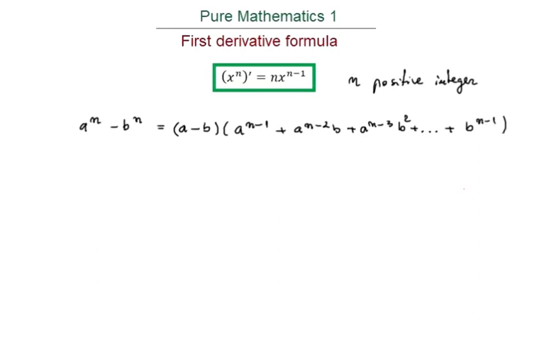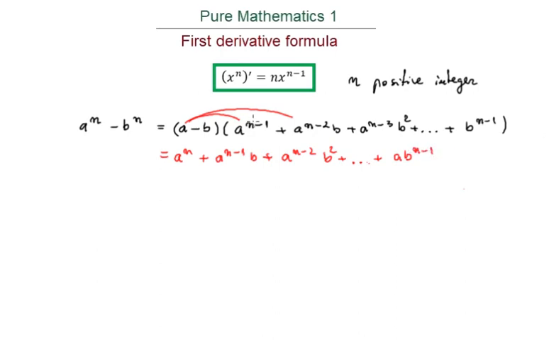Now, this formula is very easy to prove because we just expand the brackets. If we expand the brackets, we start by multiplying a with all the terms in the second bracket. We get a to the power of n plus a to the power of n minus 1 b, plus a to the power of n minus 2 b squared, plus the last product we have is a times b to the power of n minus 1.